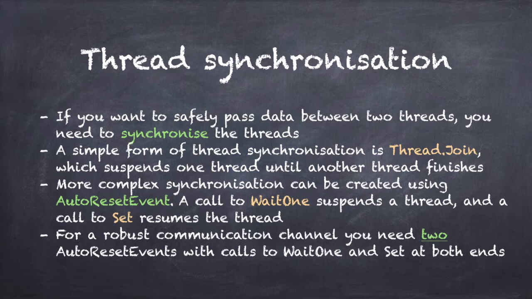More complex synchronization can be created using the AutoResetEvent class. A call to wait1 suspends a thread, and a call to set resumes the thread. For a robust communication channel, you need at least 2 auto reset events with calls to wait1 and set at both ends.